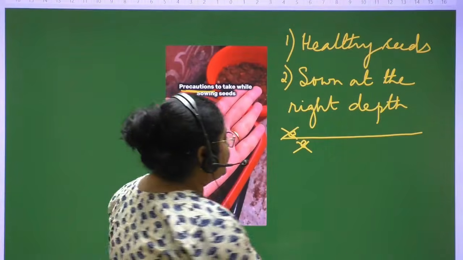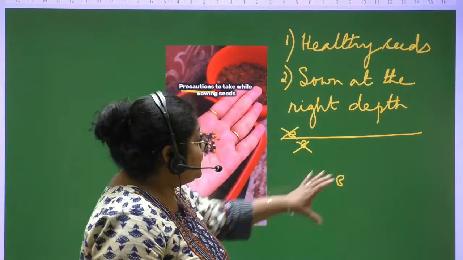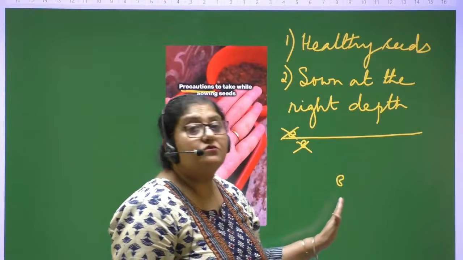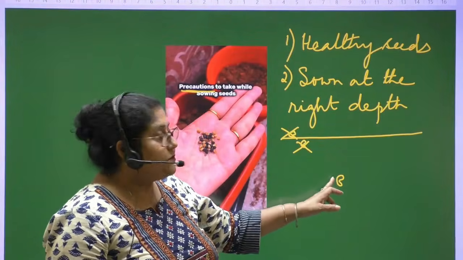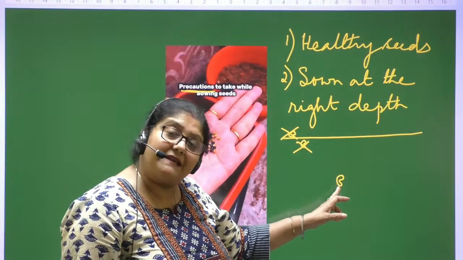Fine. Now if I sow them very deep under the soil, here there is no oxygen. So the small baby plant inside the seed will not be able to breathe and will hence die.